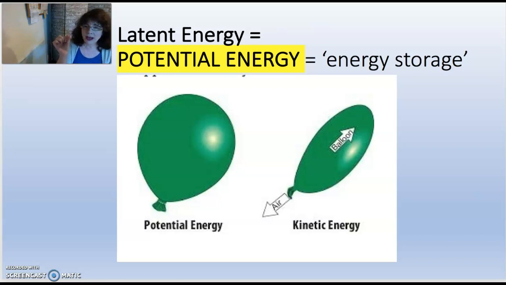It's not moving right now, it's stored. But if I open my fingers, that balloon will zoom all over the room and will release its energy in motion. It will release its kinetic energy. So at that point, when the balloon is zooming around the room, that is energy in motion, that is kinetic energy.